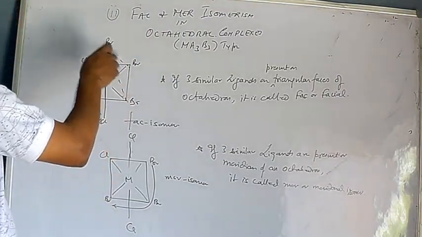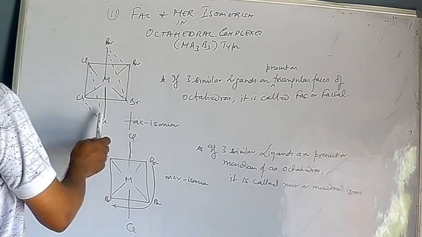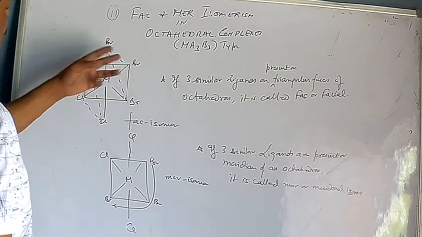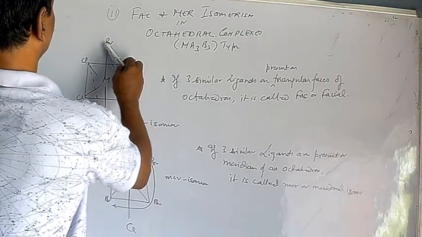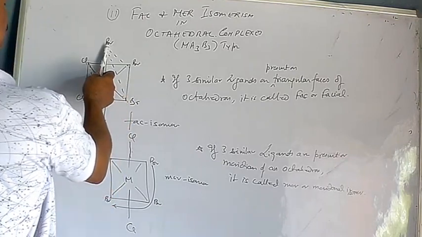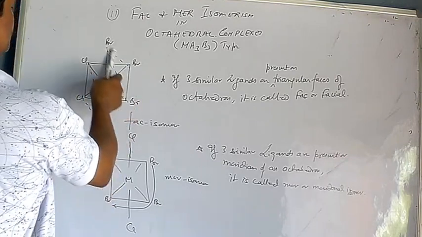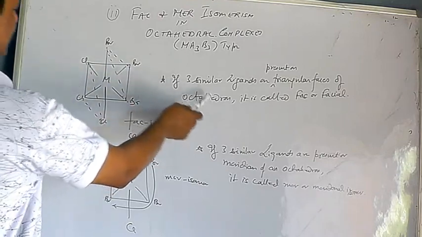I have drawn an octahedral complex over here. There are 3 Br, 1, 2, 3. There are 3 Cl, 1, 2, 3. Now these 3 Br and 3 Cl are present at the triangular faces. You see, this is the triangular face. First face, second, and this one. So this is a triangle. So these three are present on triangular faces of the octahedron.